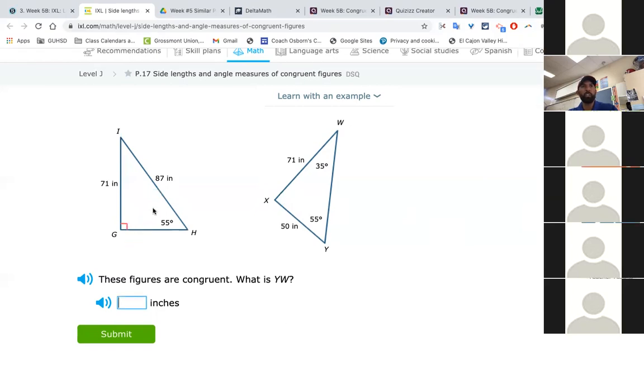So again, I would just say this one's straight across from 90, and so I know it's 87. And a lot of you guys are going to be able to see that pretty easily, okay? All right, so that one's going to be 87.